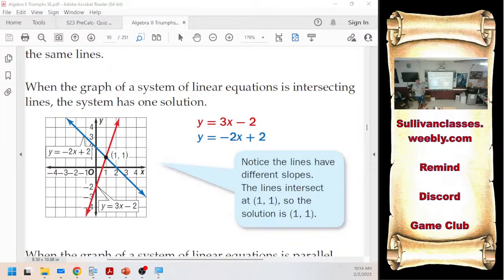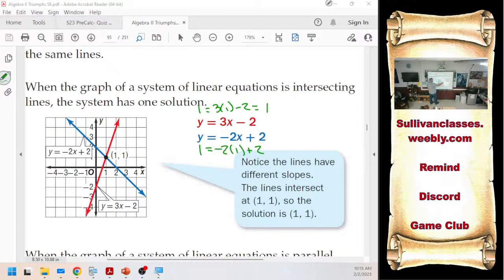This is called a system of equations because it's got more than one. And if I want to know the solution, I graph them both and see where they're both true. That coordinate, that (1, 1), is the only thing that's going to make this true. 3 minus 2 is 1.